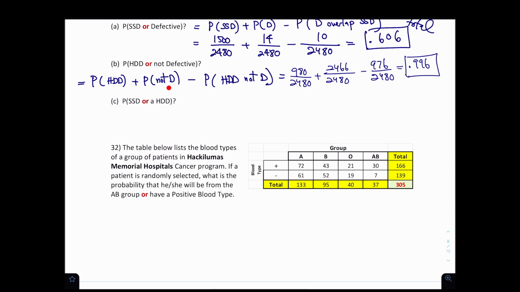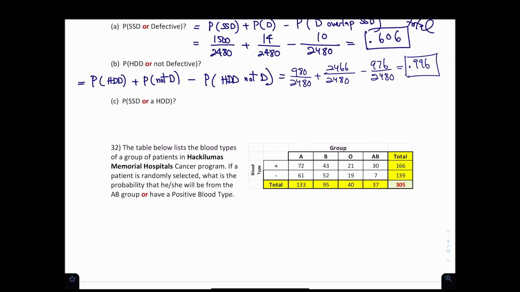The total number of non-defectives is 2466, divided again by the total number of drives, which is 2480, and then minus the number of HDDs that are not defective, their overlap, if you recall, which is 976 of them. And that probability becomes 0.996 if you round it to 3 decimal places.